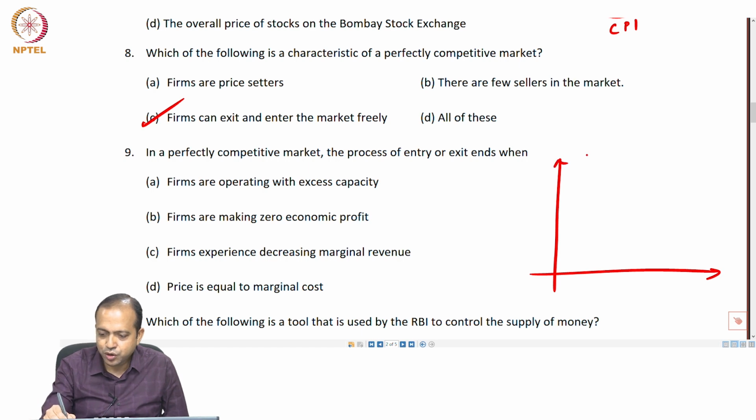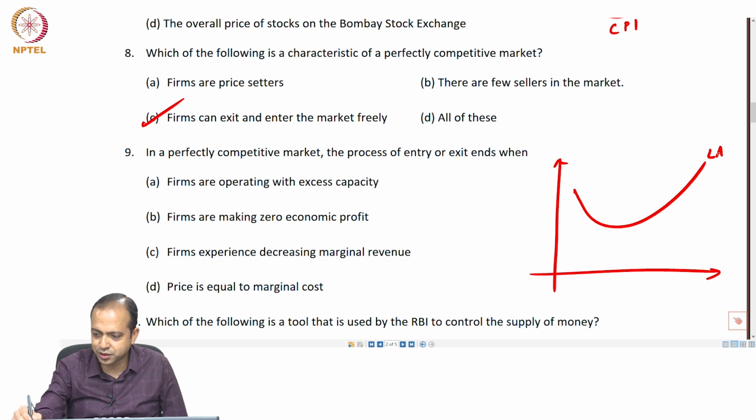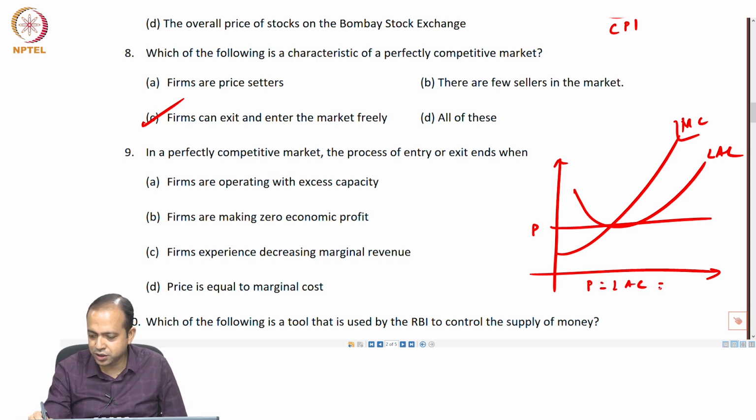When the entry and exit ends, that situation is a long run equilibrium situation, as I said. LAC, this is MC, so this is your price. So, P equals LAC equals LMC, this is the condition, and then economic profit is 0.